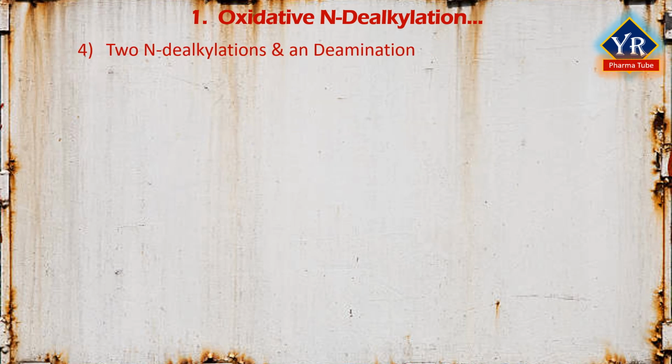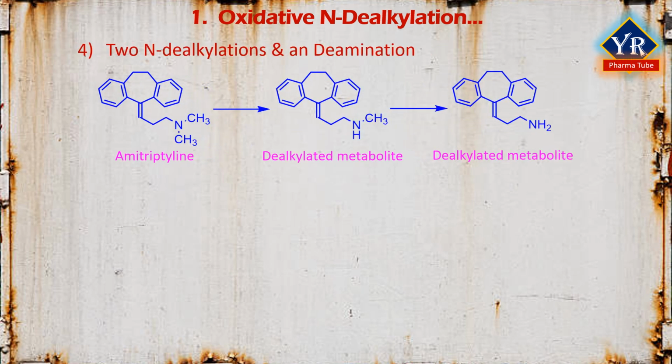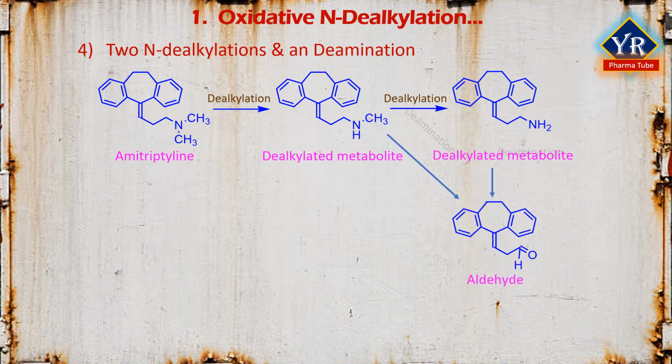And number 4, as illustrated in the figure, amitriptyline can undergo two N-dealkylations and an oxidative deamination. Similar to atenolol, as previously discussed, once the first methyl group is dealkylated, the resulting secondary amine could directly undergo oxidative deamination.